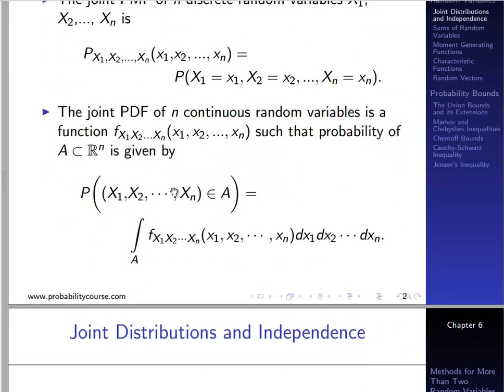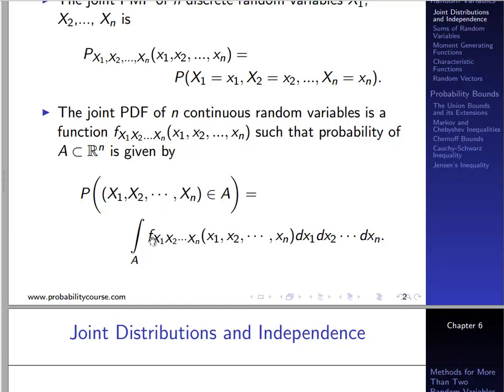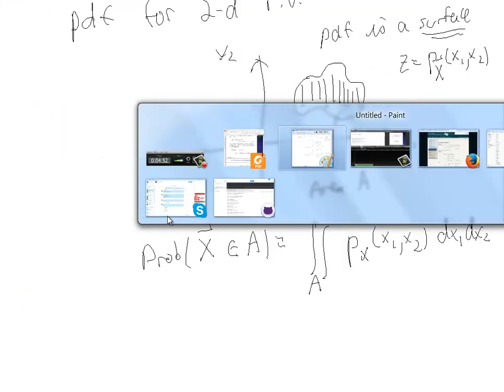He's taking a vector random variable with n components. He's using the letter F instead of a little p, which is actually more standard. His little f is for the vector big X, which he's writing out in component form. This density takes values on x1, x2 up to xn, and you find the probability of being in area A, or in this case a volume, an n-volume, by integrating the density over that volume. So look at this picture and relate it back to the picture I have here.